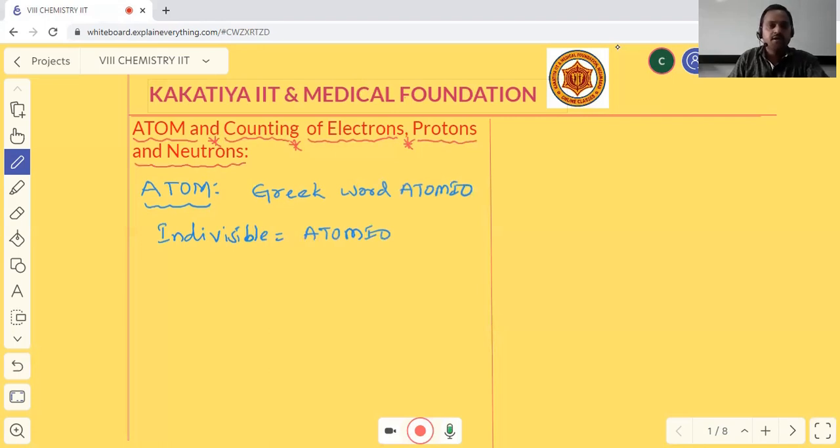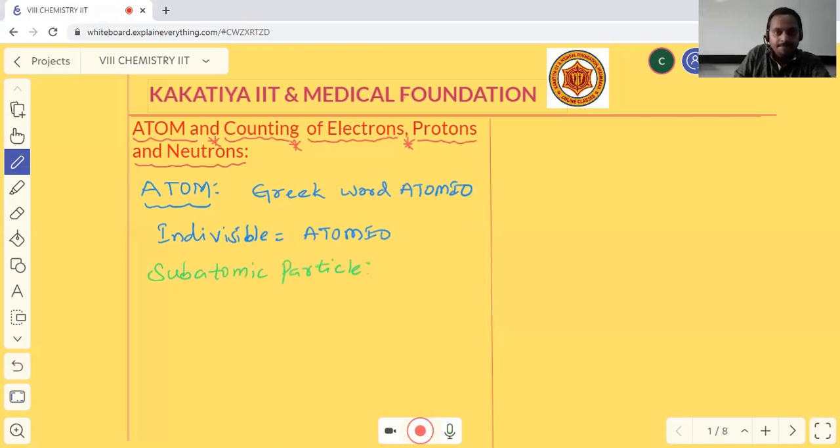After John Dalton, many subatomic particles were discovered inside the atom. After the discovery of those particles, we can say the atom can be divided.